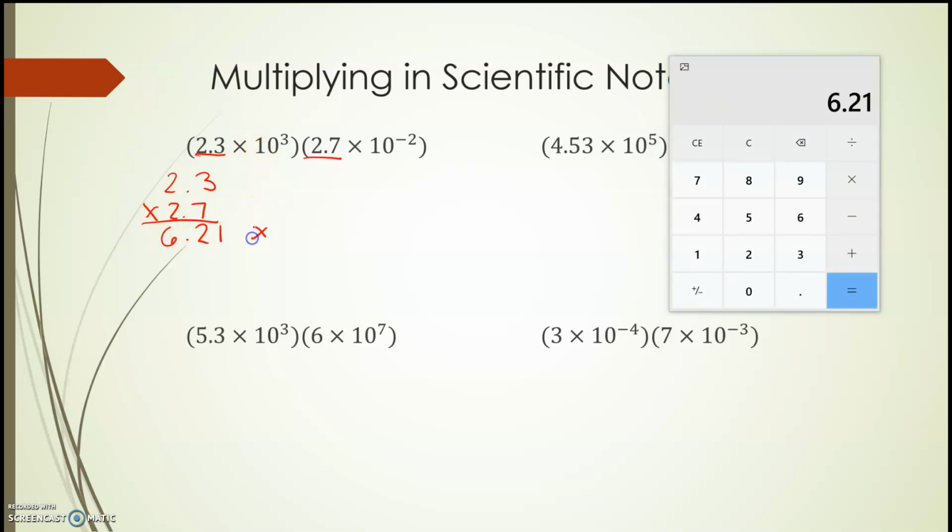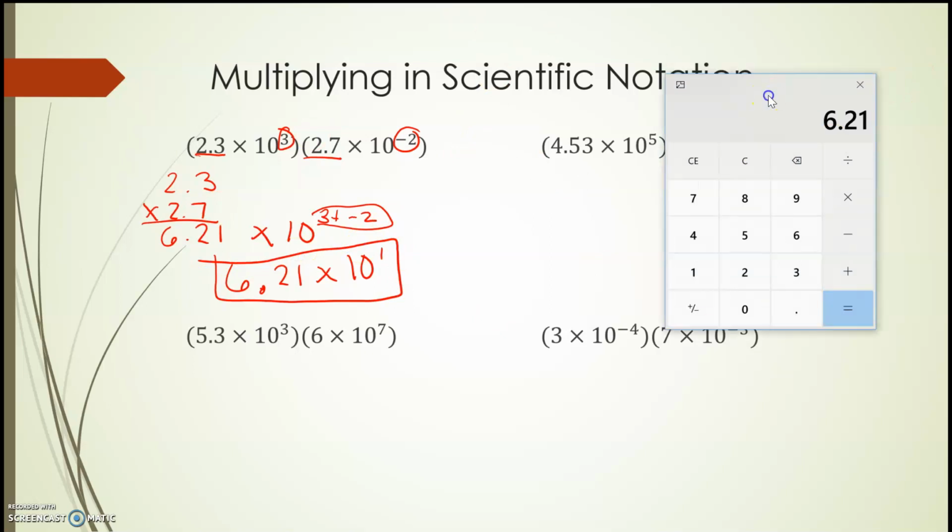We always keep it times 10. But the exponents, remember when you multiplied, the exponents always told us to add. You add these exponents, 3 plus a negative 2. So the answer is 6.21 times 10, and 3 plus a negative 2 is just 1. Since the decimal's in the right spot, this is the final answer.